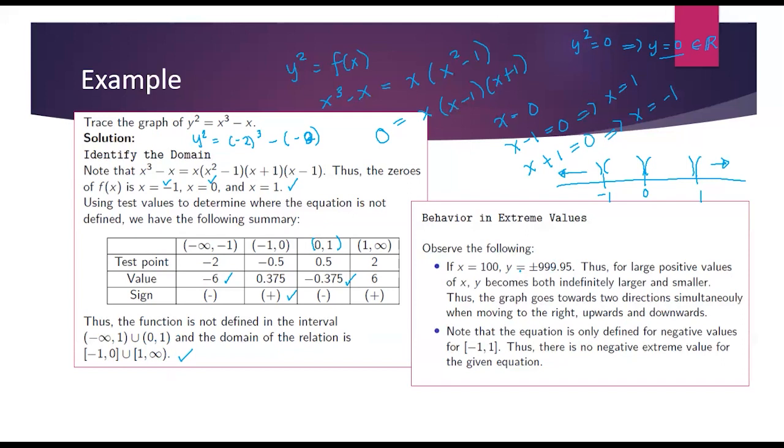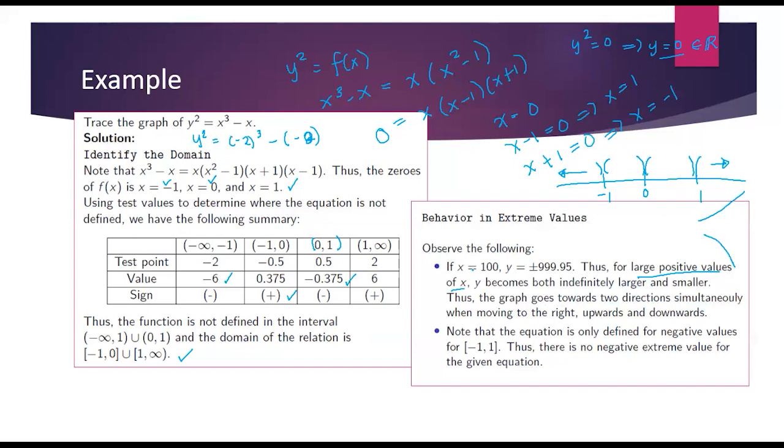So your y will give you plus and minus 999.95. Meaning that for a large positive value of x, y becomes both infinitely larger and smaller. Thus the graph goes towards two directions simultaneously: when moving to the right, upwards, and then downwards. So we have it like this.